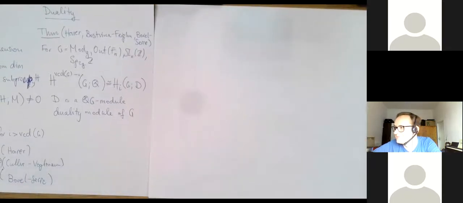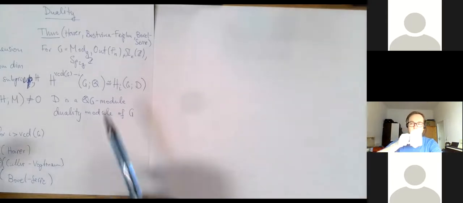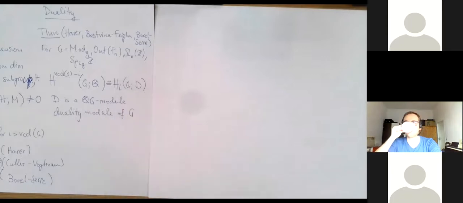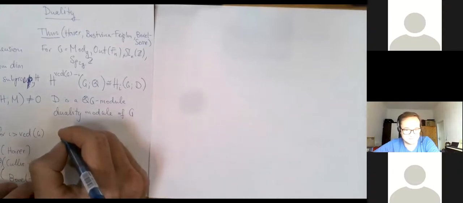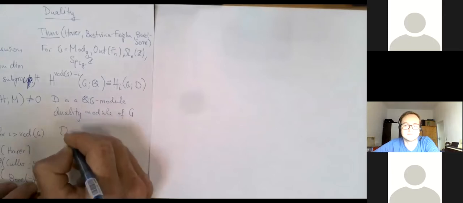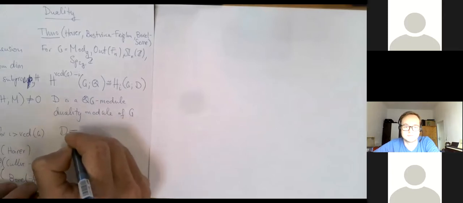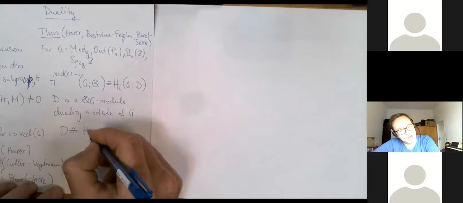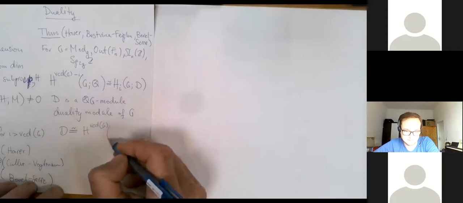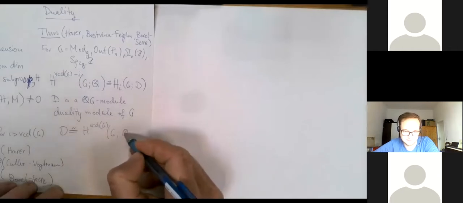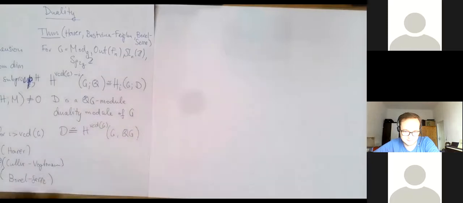All right. So the question now might arise: what is this duality module? You can actually describe this as always the same as the cohomology in the VCD of the group G with the regular representation as coefficients.